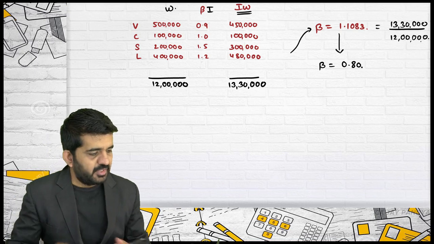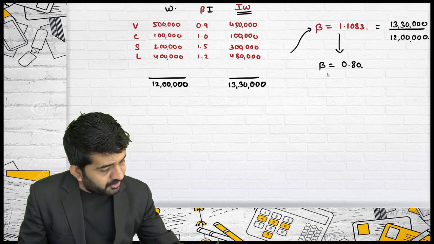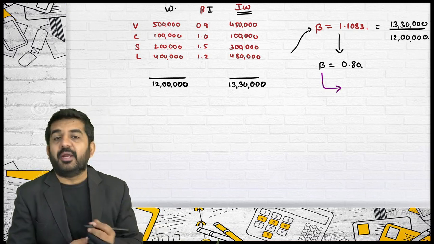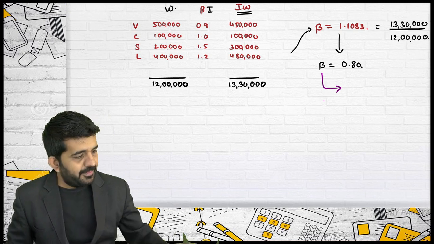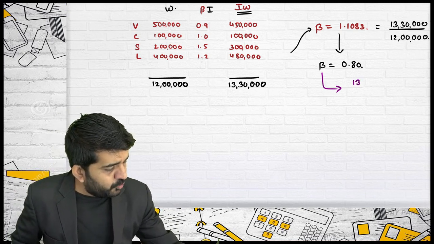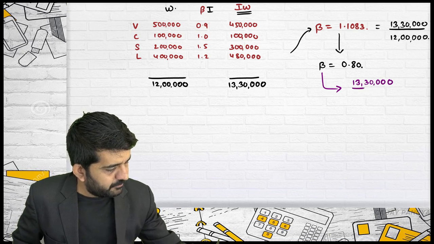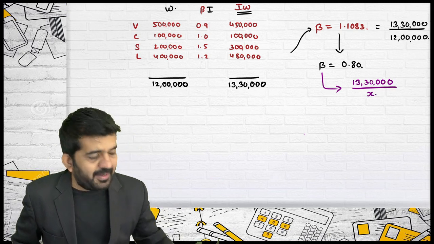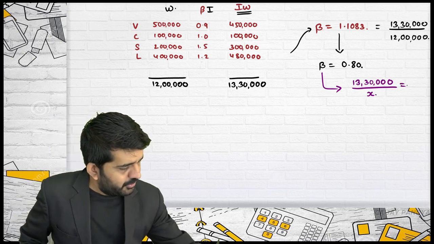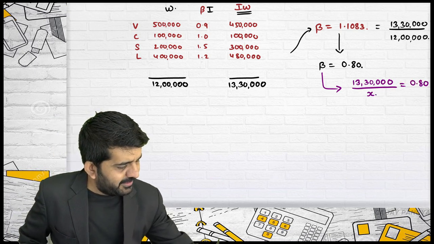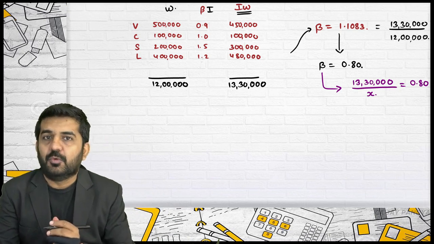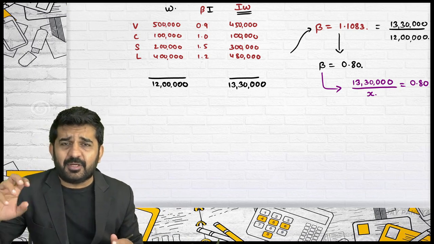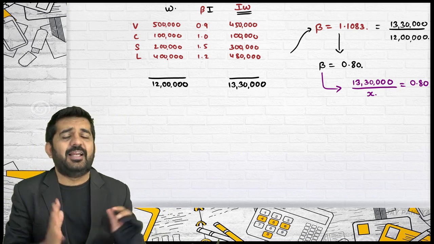Now, if I want this answer 0.8, if I keep numerator as 13,30,000, what should be my denominator so that the beta is 0.80? I am trying to explain you first mathematically, then I will explain you logically.